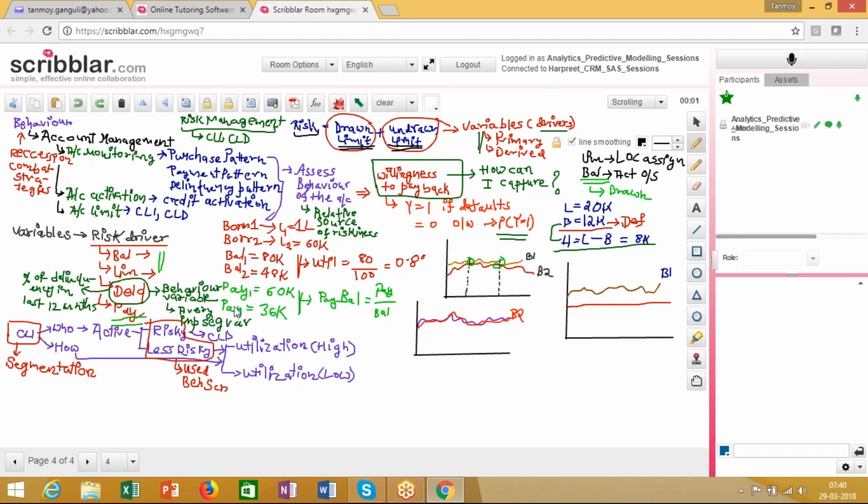So basically, till now we have been talking mostly about credit cards as a business product, right? So credit card or the revolving retail products. So we have seen that any bank's portfolio is divided into parts.